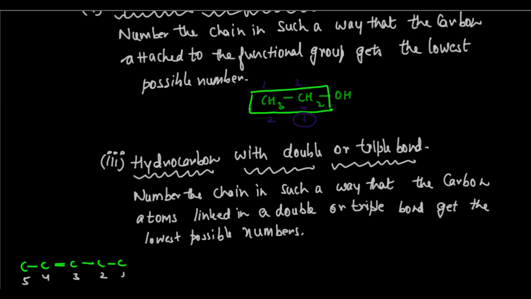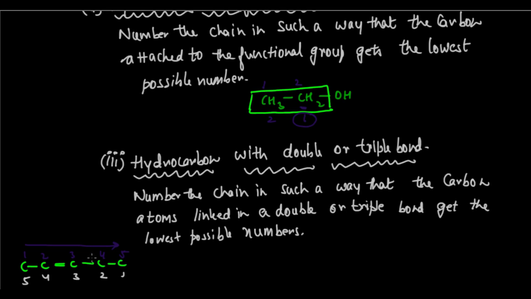Or we can do it like this, 1, 2, 3, 4, 5. So you can see in the first case, from left to right, it gets the lowest possible number, 2 and 3. And if you go from right to left, it gets 4 and 3. So obviously we don't want that. So 2 and 3. Hence, we number it from left to right because we need to give it the lowest possible number. I hope that's clear too.